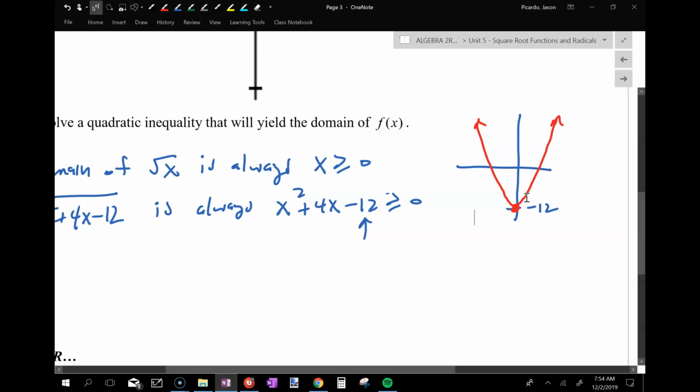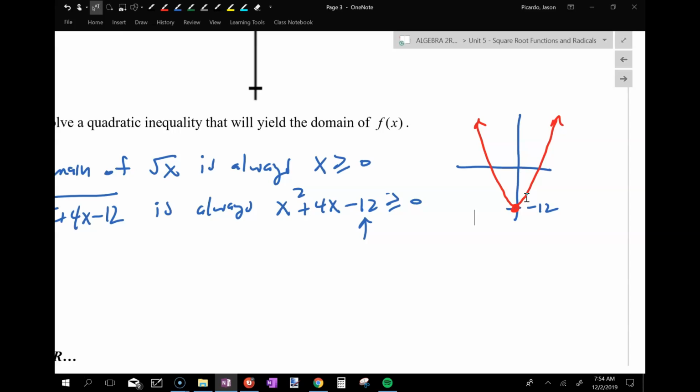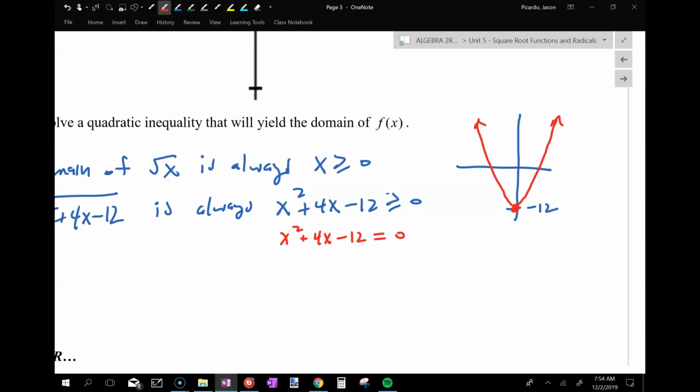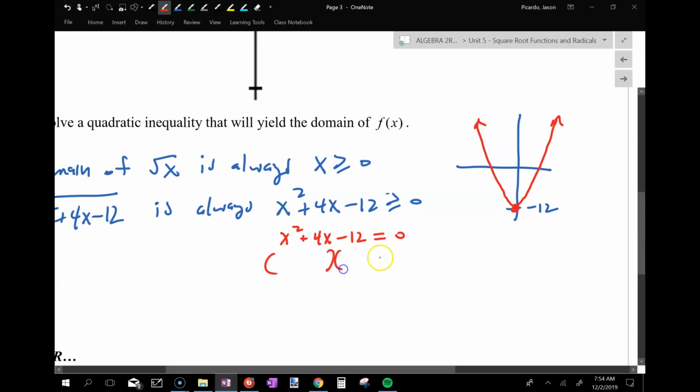How do I get the roots? I take x squared plus 4x minus 12, and I set it equal to 0, and I factor, and I get my roots. How do I factor that?